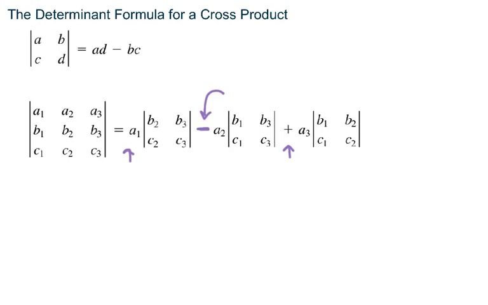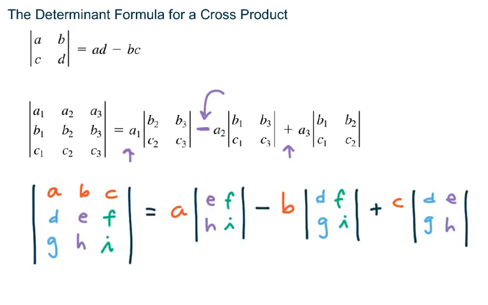I'm going to rewrite this with colors and different variables to help you visualize it, if you're still having a hard time seeing what I've done. So I've rewritten the determinant formula for a matrix with 3 rows by 3 columns a little differently. A, B, and C always come from the top, with plus, minus, plus.